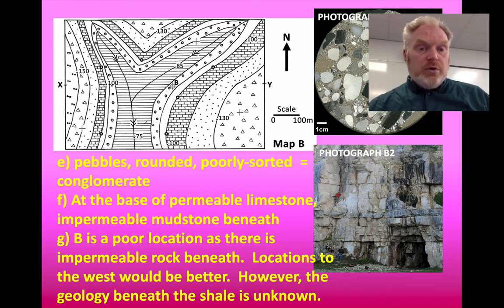What we don't know, though, is what's older than the shale. There could be a huge aquifer underneath that shale, but it's a bit of a risk drilling into something where you don't know what the geology is.